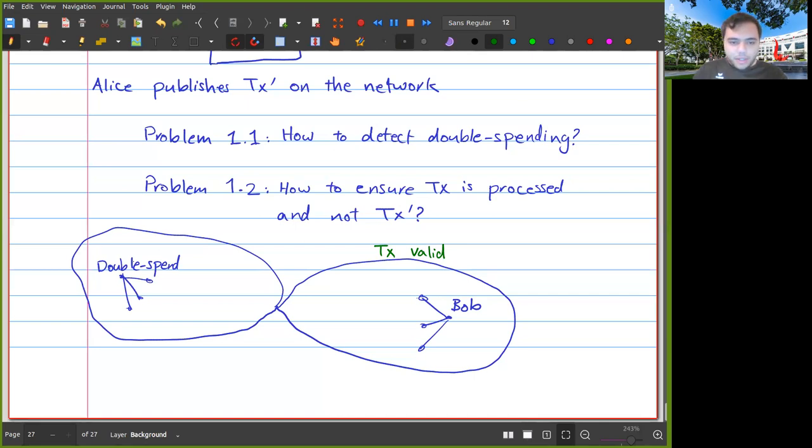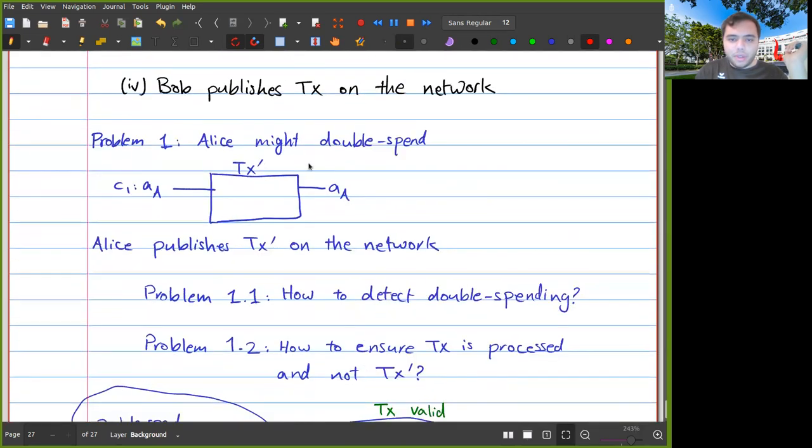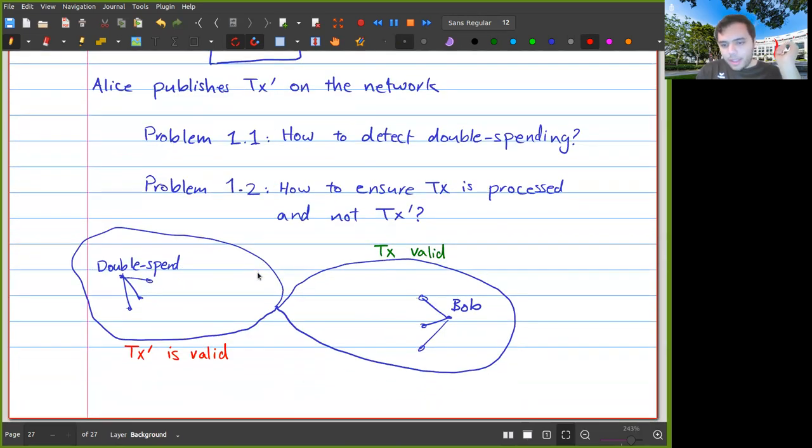But here, the other group will only have the double spend transaction in their mempool. So these guys will think that TX prime, the transaction that pays the money back to Alice, is valid. And you see the problem is that if Bob has only one node, he might never hear about TX prime.